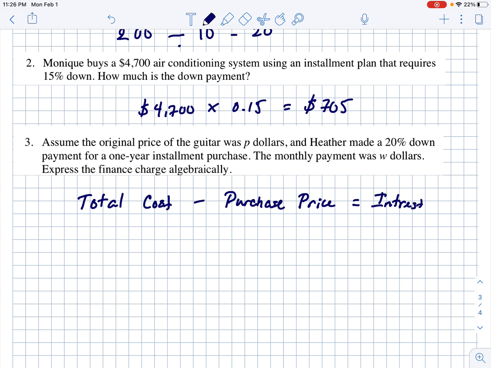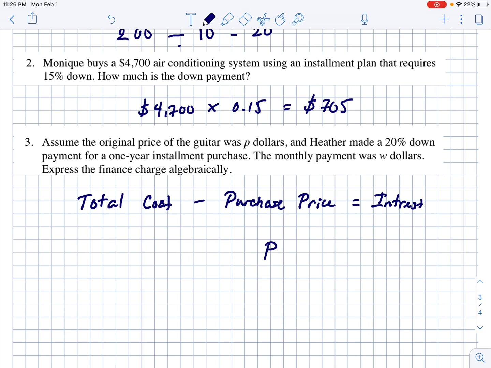Okay, so the original cost of it was P dollars. So that's our original. Heather made a 20% down payment for a 1-year installment purchase.